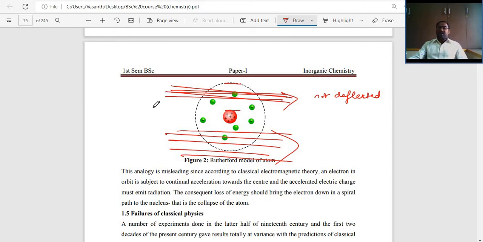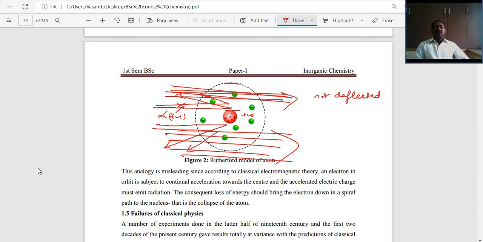Some of the alpha particles are deflected. The alpha particle has a positive charge, and the nucleus has a positive charge. When the alpha particle comes near the nucleus, the positive repulsion between the alpha particle and the nucleus deflects the alpha particle.